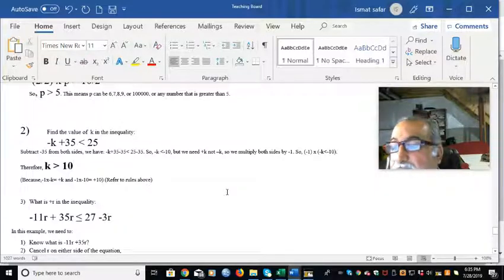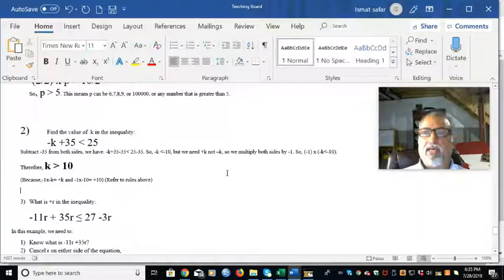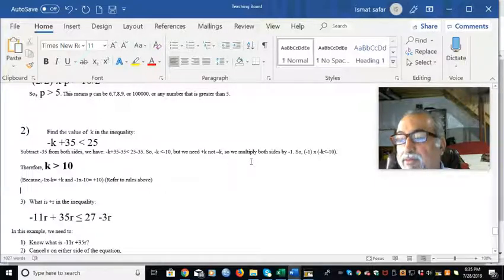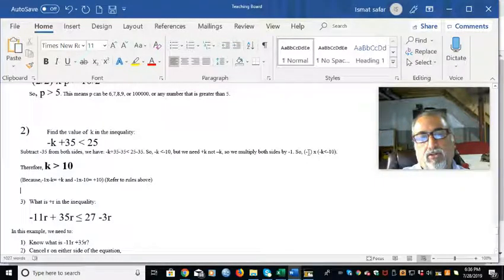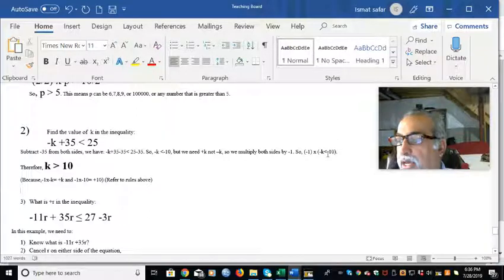But since we need positive k, the actual k, we need to multiply both sides by -1 in order to convert the -k into plus k. -1 times -k gives positive k, or simply k. And remember, we have to multiply both sides of the inequality by -1.